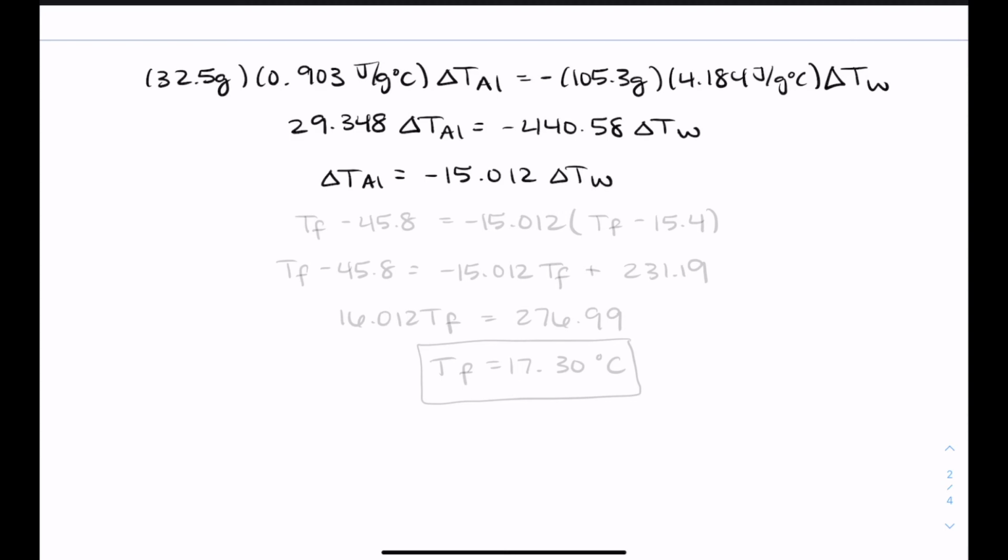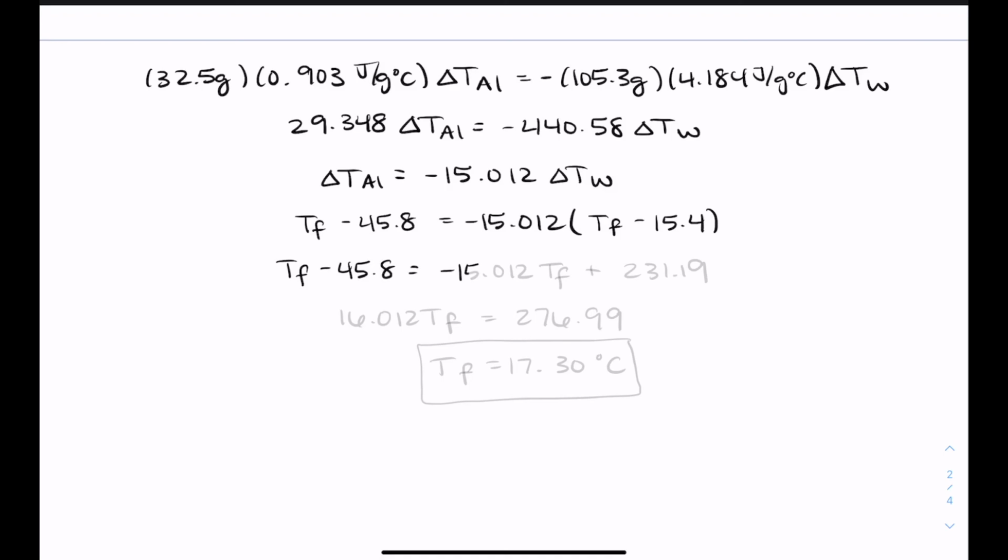This is where I've plugged in final minus initial for each of the things and just left the final temperature labeled as T_F because it's the same final temperature for both. I've done it here because now I only have to distribute on one side when I multiply through. So T final minus 45.8 equals negative 15.012 T final plus 231.19.